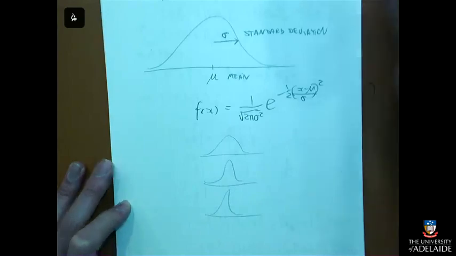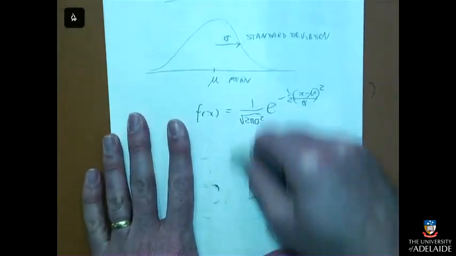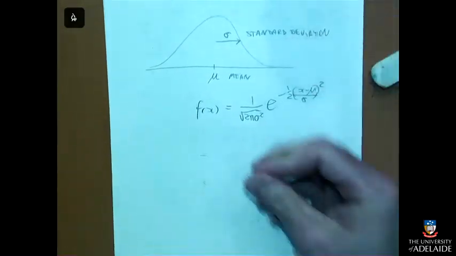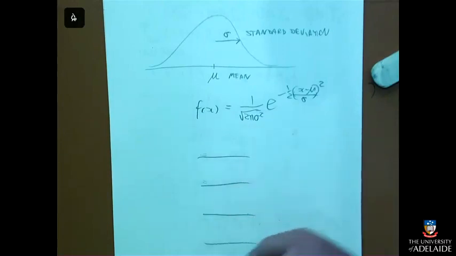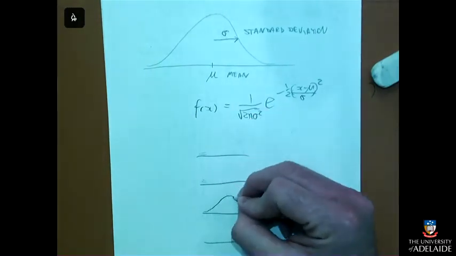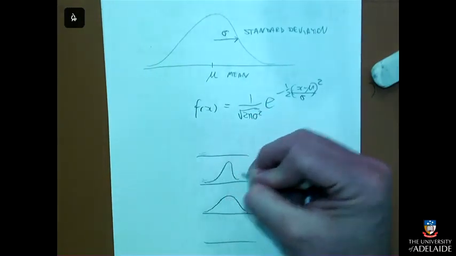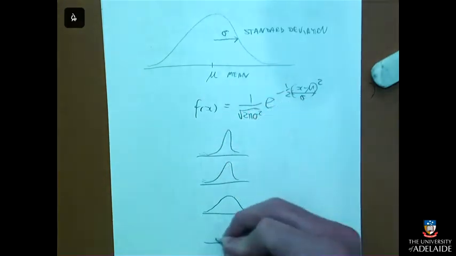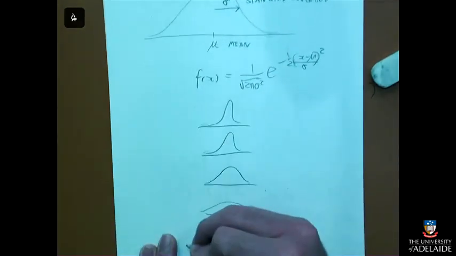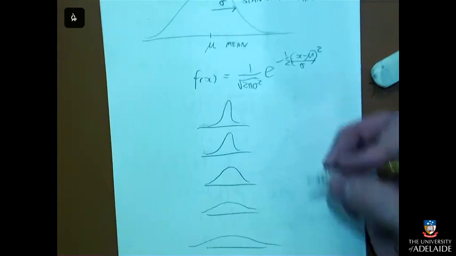You know, there's this one, and there's one that's sort of skinnier, there's one that's even skinnier, there's one that's flatter, one that's really flat, and so on.